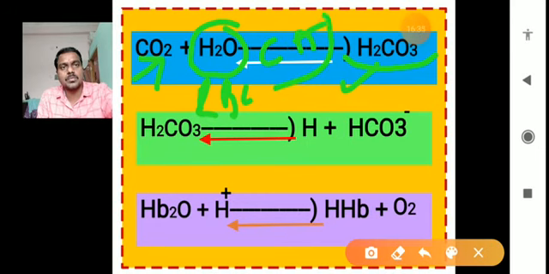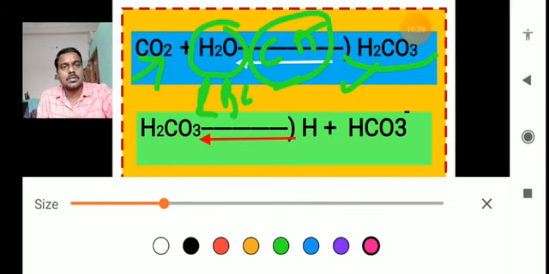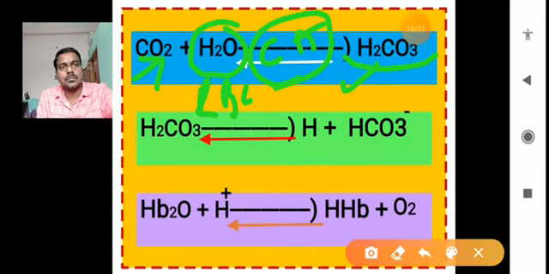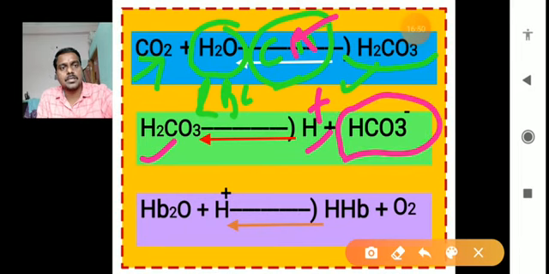The enzyme is very important. This carbonic acid is again converted into H plus ions and HCO3 minus ions. So cations and anions are formed.